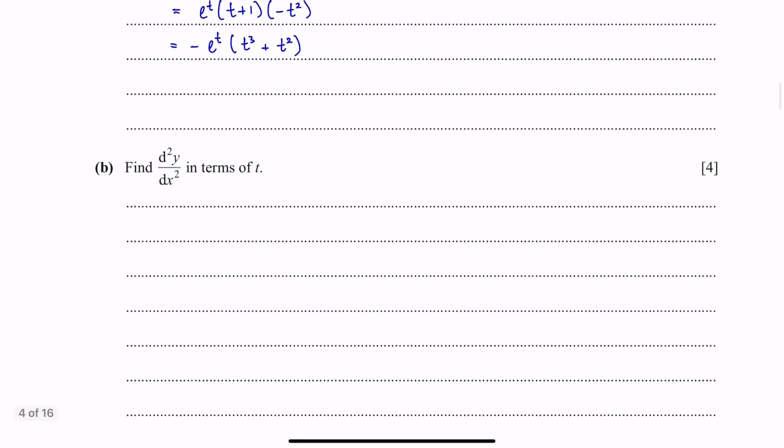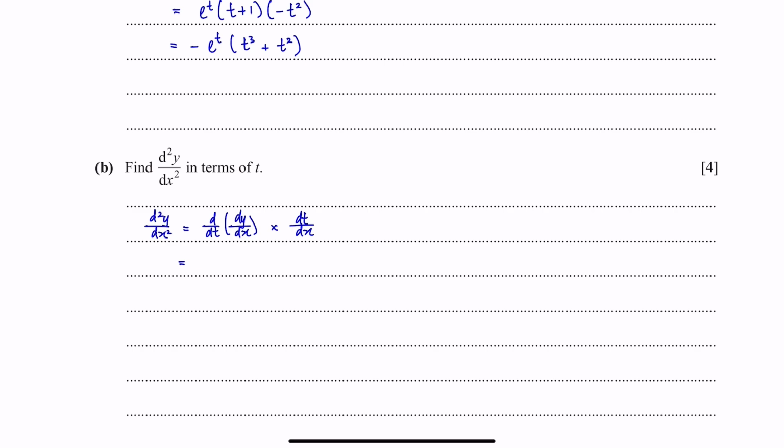For part B, we will need to find d2y over dx squared in terms of t. So d2y over dx squared is basically the derivative of dy/dx times dt over dx again. So we just need to differentiate this again.